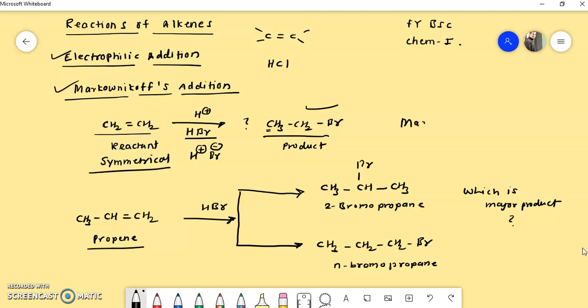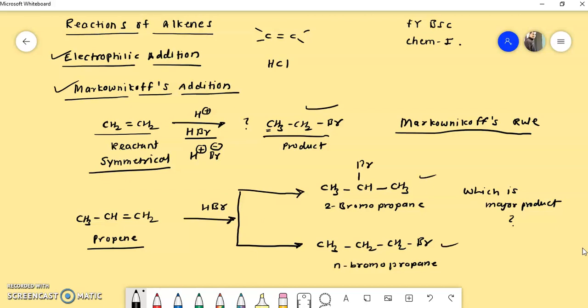Markovnikov's rule determines whether this product is major or that product is major.